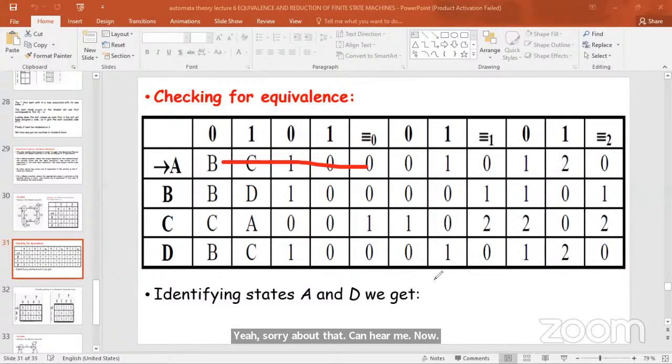Sorry, one strange call just disturbed my connectivity.